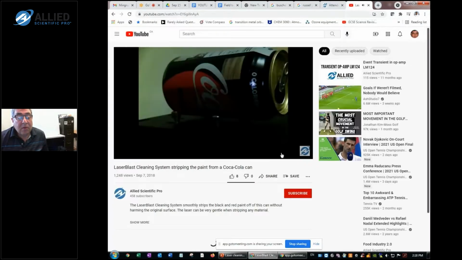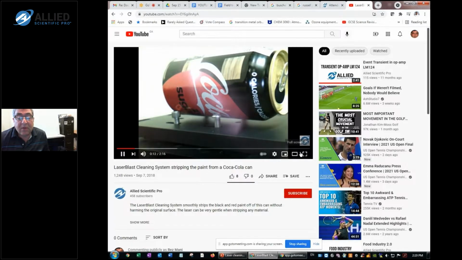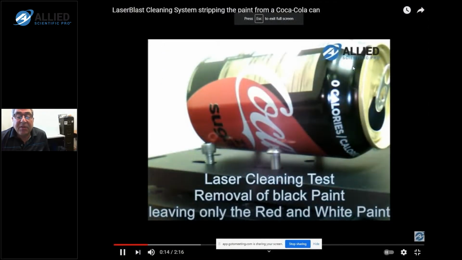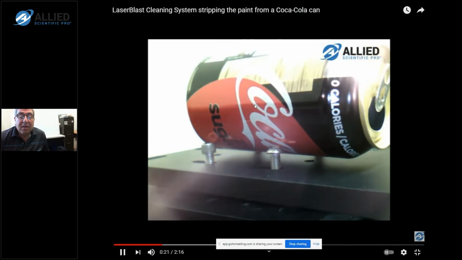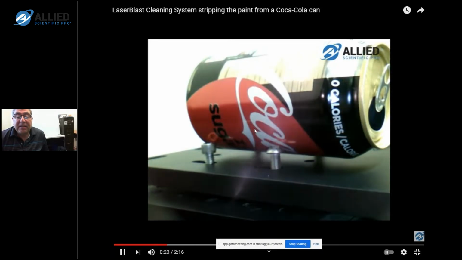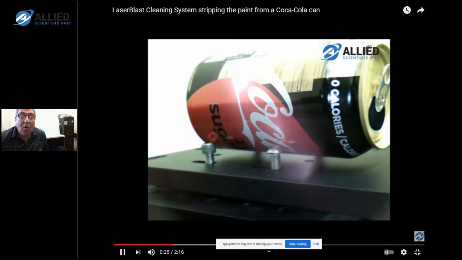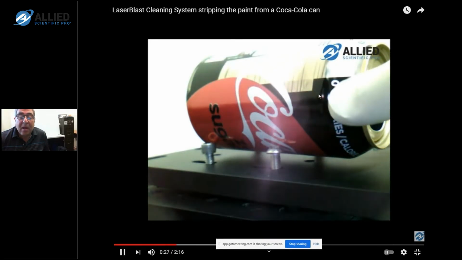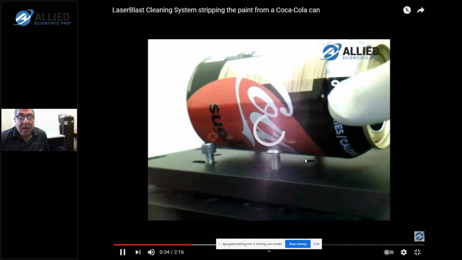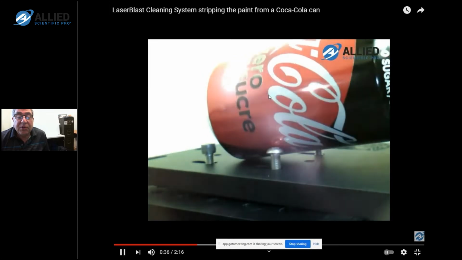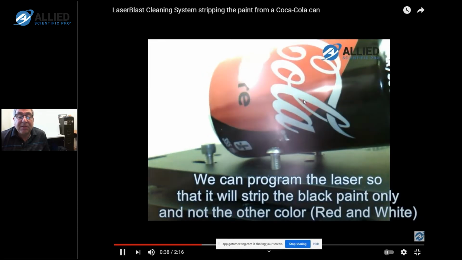Okay, so here you see there's a Coke Zero can, and the laser is shining on it, and there's black, white, and red on the surface. But the laser is only removing the black paint, although you can see that it is also shining on the red and the white. It's not removing them.